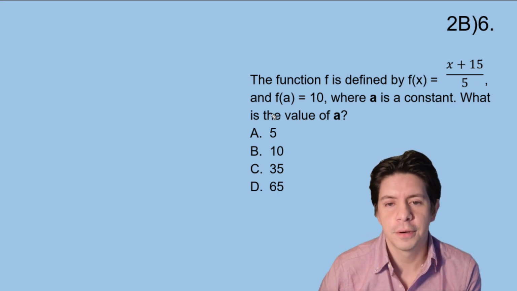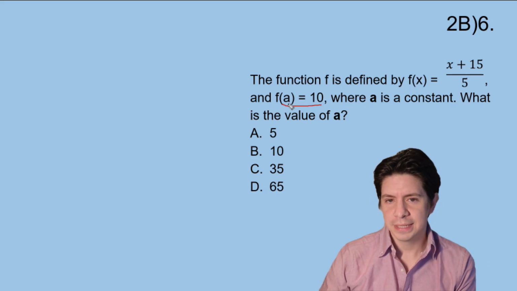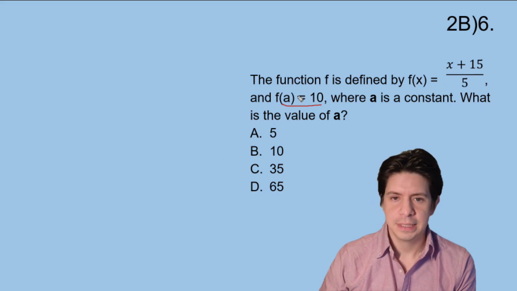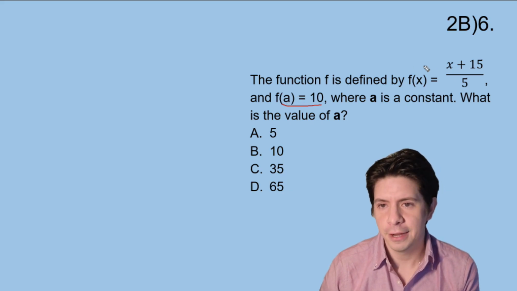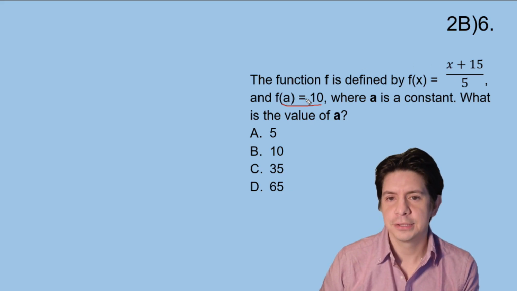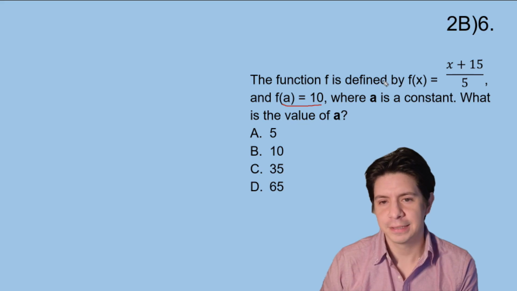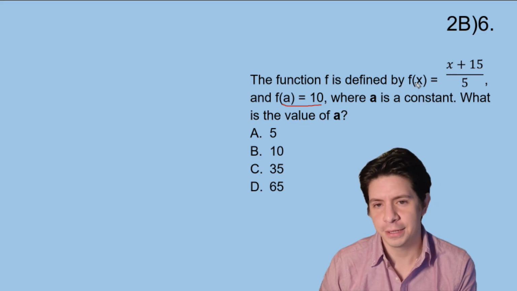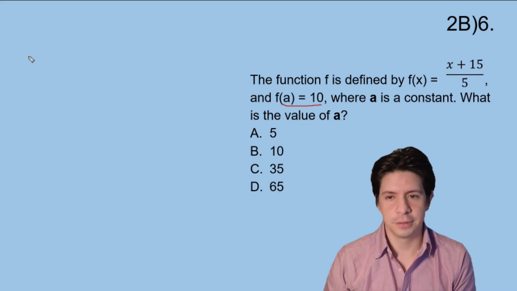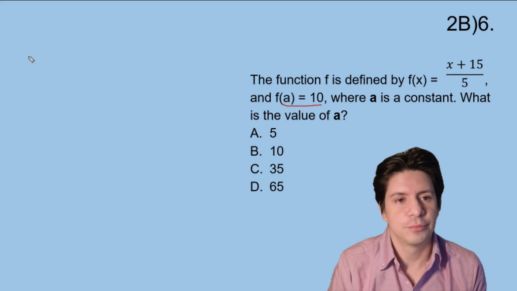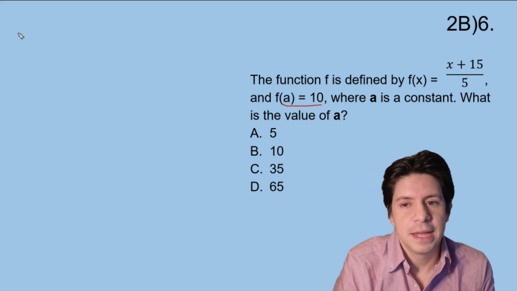Okay, so we're looking for a, and this is 10. So what this is telling us, if f of x is this, is that we're going to plug in a for x, and then solve for 10, right? You don't even need to plug in a, you could just think of solving for x when we plug in 10 for y, or for f of x, but we'll do it this way just to make it extra clear.